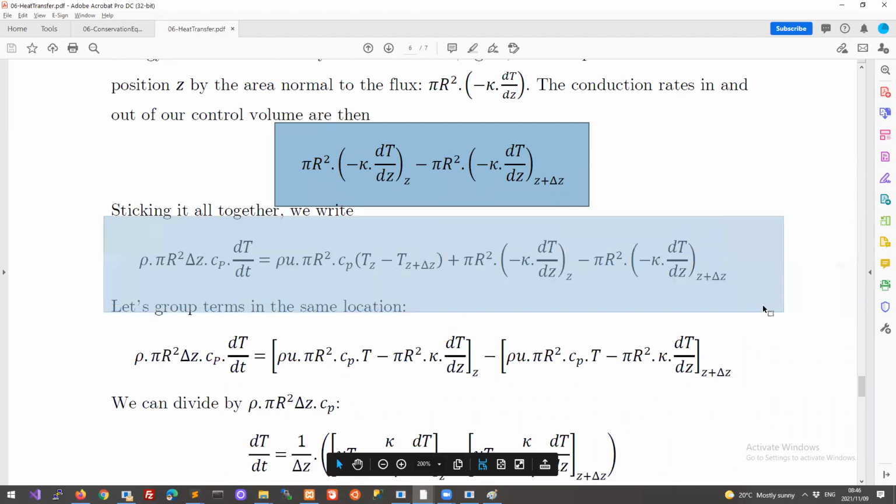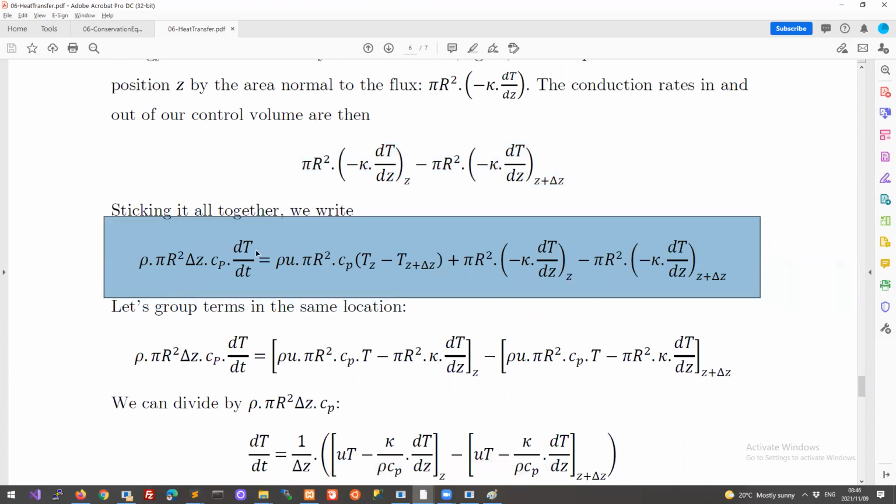So we can stick all the pieces together. There's our accumulation term, there's our convection term, and there are our conduction terms. The next thing we'll do is group together the same locations.